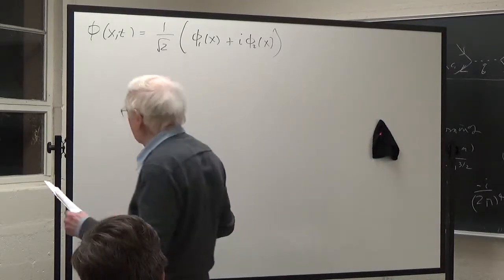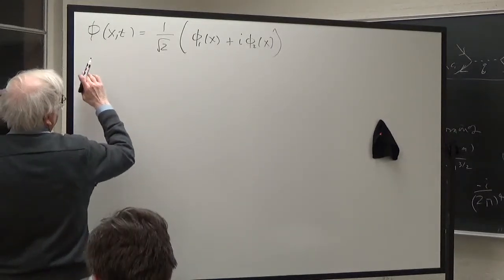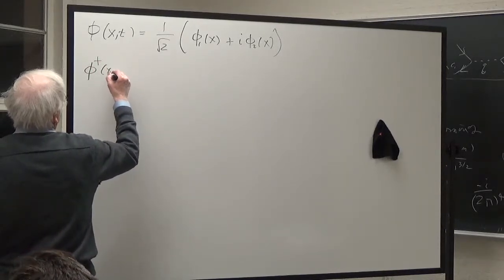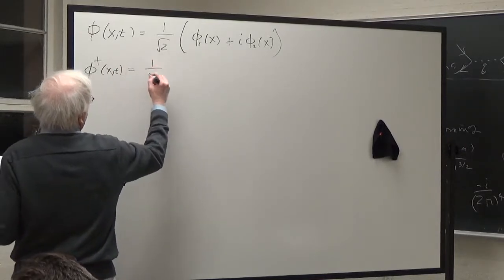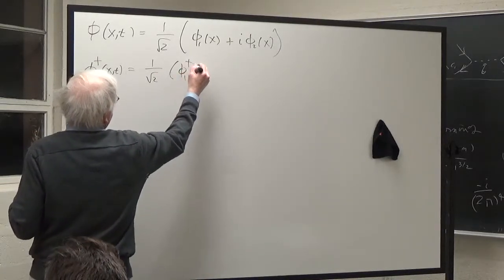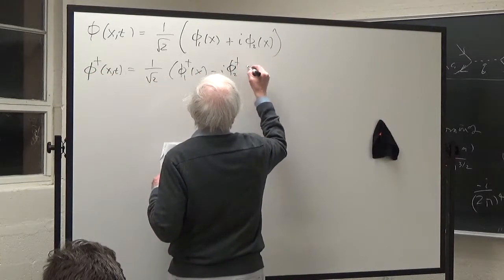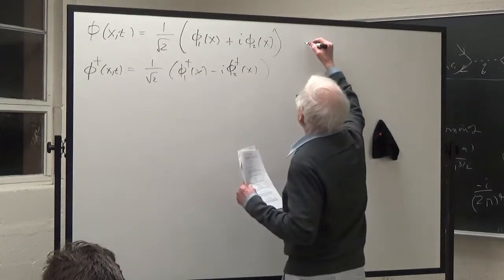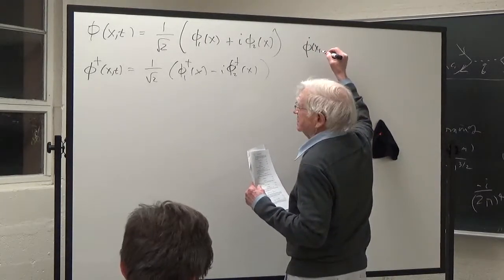And then you might say, well, here is phi dagger. So this is going to be 1 over square root of 2 times phi 1 dagger minus i phi 2 dagger of x. And now, in particular, you also will have phi dot of x.